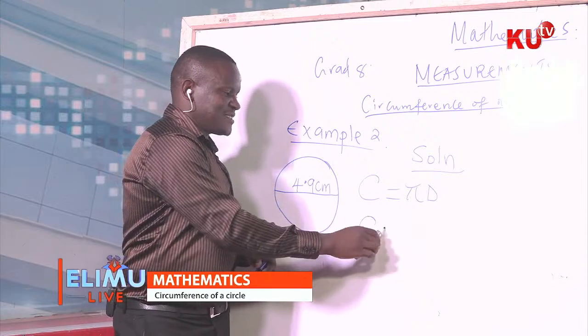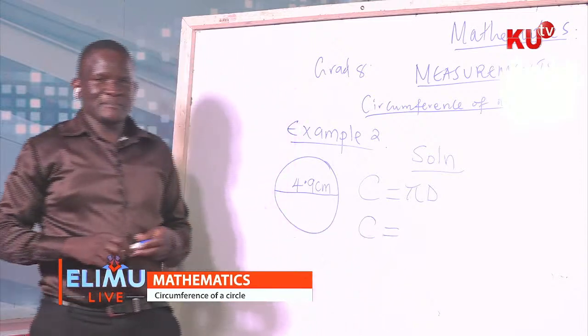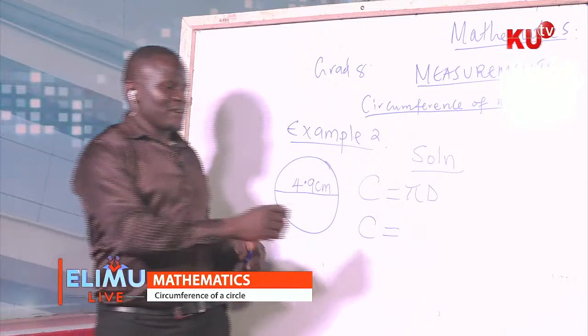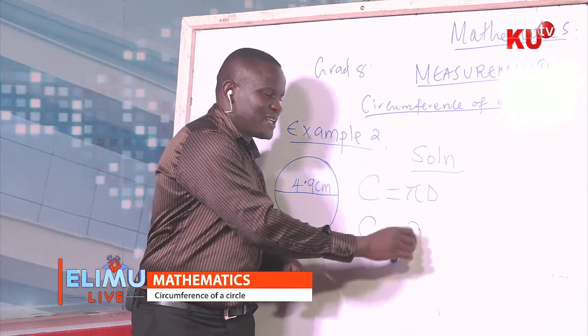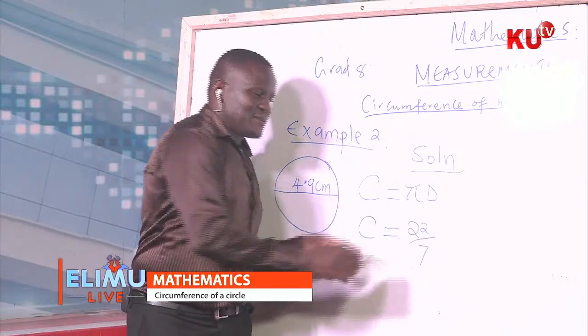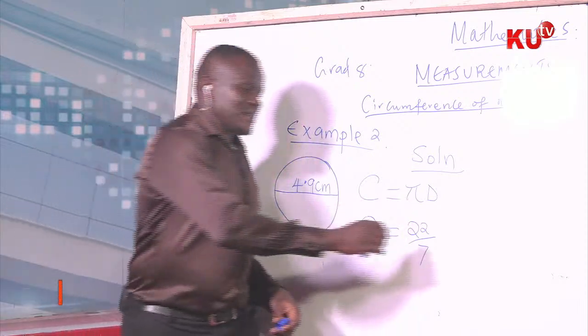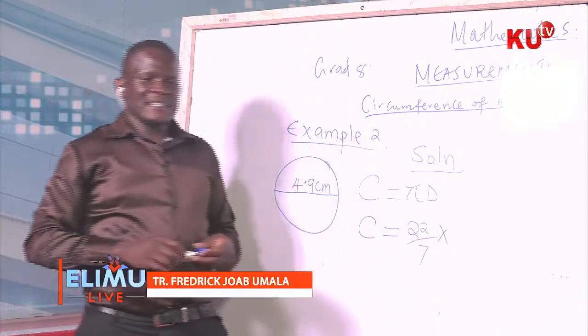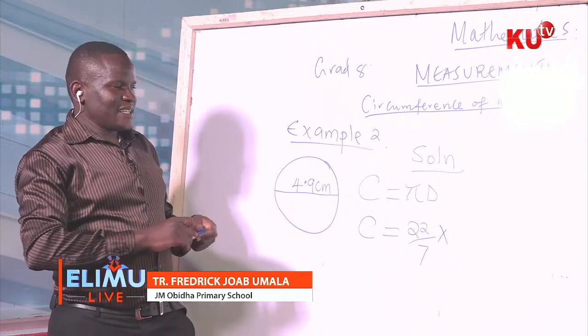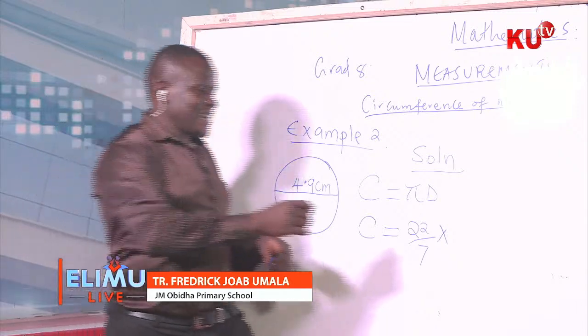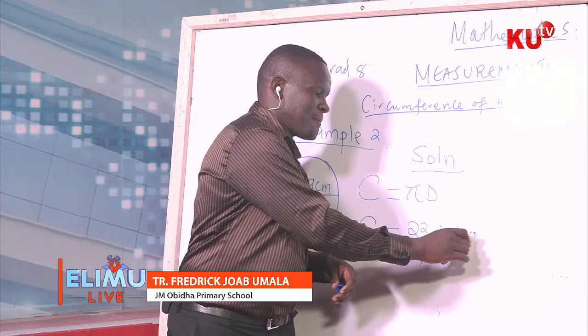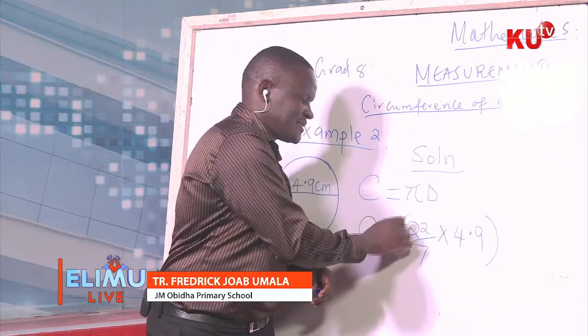So circumference, which is denoted by letter C, in our case, will be equal to 22/7, which is our pi, multiplied by the diameter, and in our case, our diameter is 4.9.